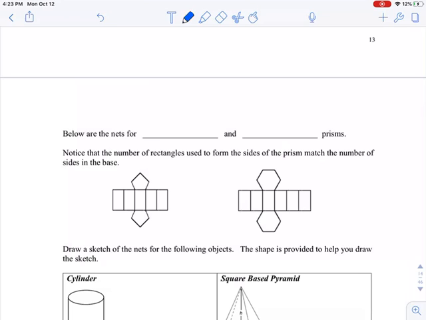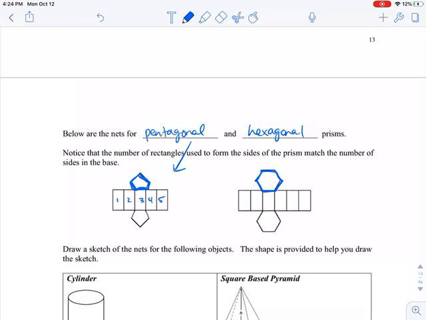Here we get some other nets. You have to look at the unique shape there. That's a pentagon, so this is a pentagonal prism. And this shape over here is 1, 2, 3, 4, 5, 6, and that's a hexagonal prism. You'll notice that this is a five-sided shape, so there are 5 rectangles that are all the same.